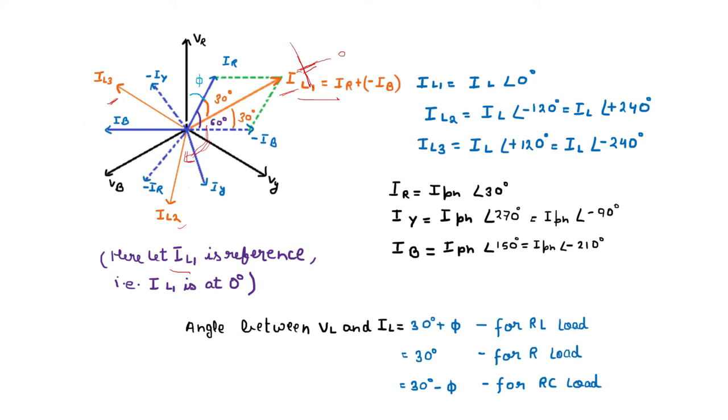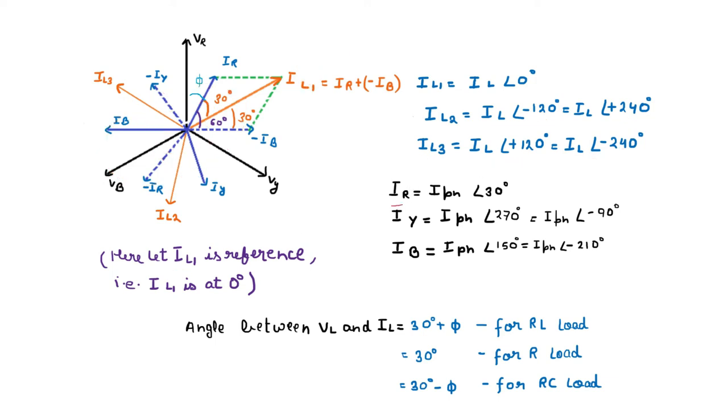We will go 120 degrees in the negative direction or 240 degrees in the positive direction. Therefore, IL2 is equal to IL angle minus 120 degrees or IL angle plus 240 degrees. Similarly, what is IL3? IL angle plus 120 degrees or minus 240 degrees. So, this is your IL3.